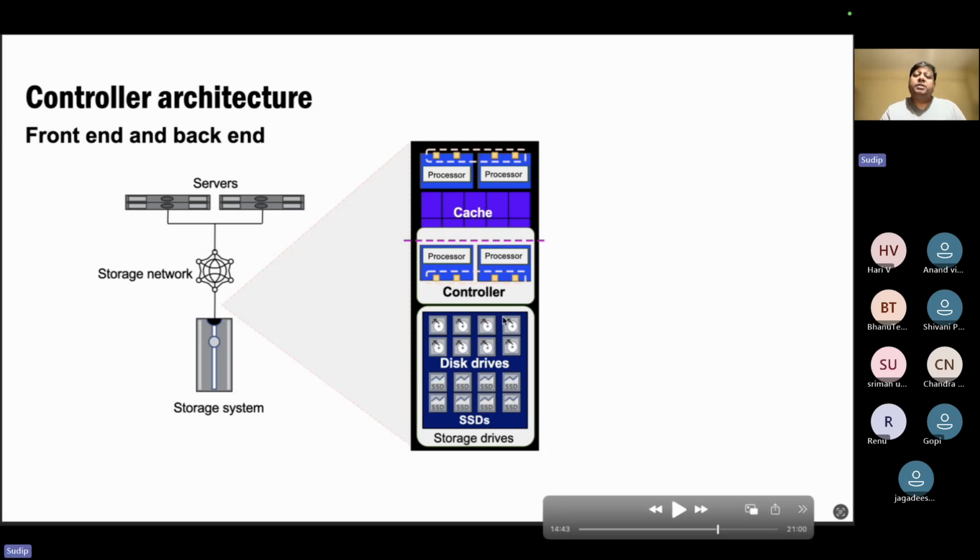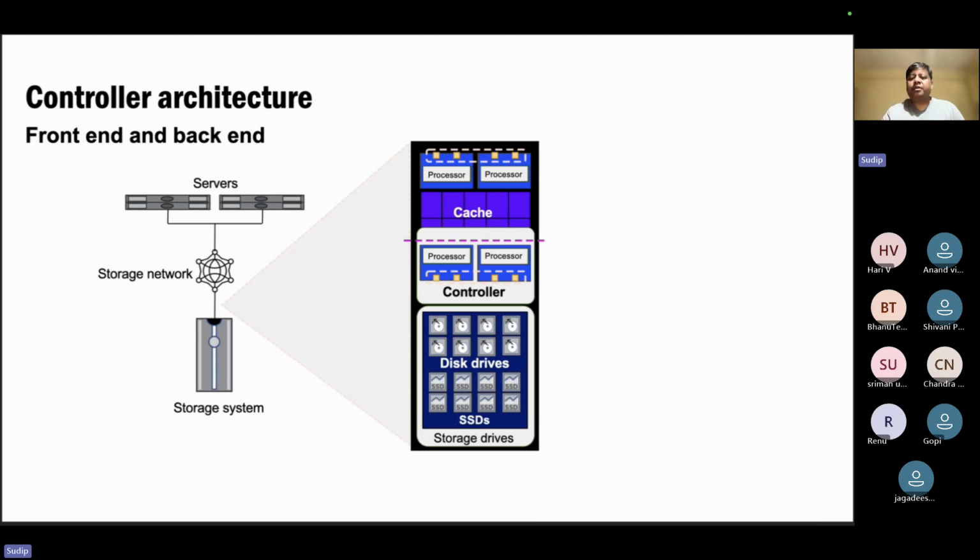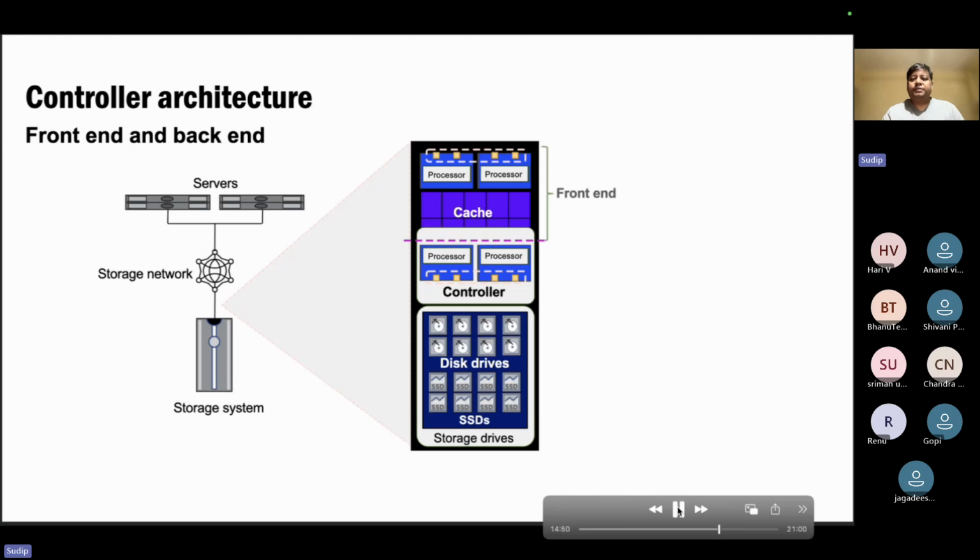We also understood that when petabytes of data are being written, you are not writing to individual hard disks at any given point of time. The storage controller is actually writing to multiple hard disks and multiple SSDs simultaneously. And how it does that, we are going to understand.